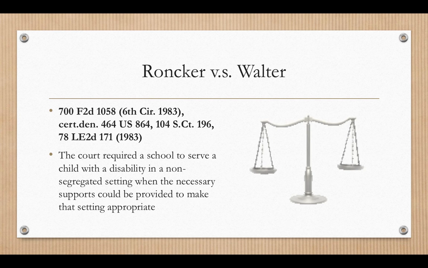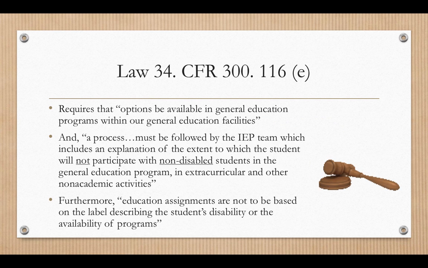So, least restrictive environment. Law 34 CFR 300.116(e) requires that options be available in general education programs within our general education facilities, and a process must be followed by the IEP team, which includes an explanation of the extent to which the student will not participate with non-disabled students in the general education program and extracurricular and other non-academic activities.